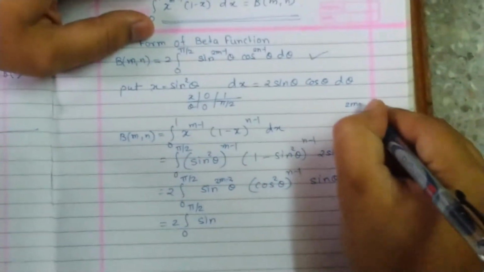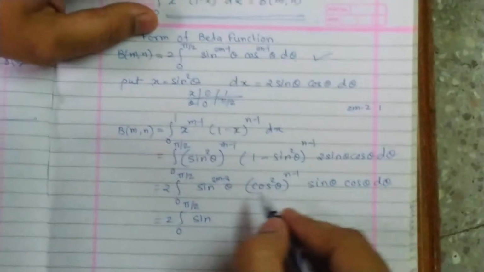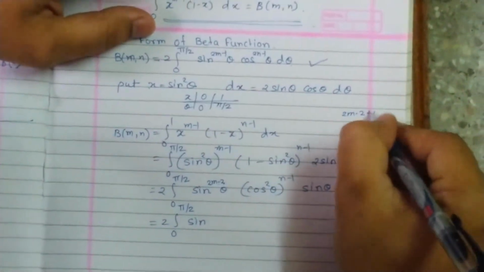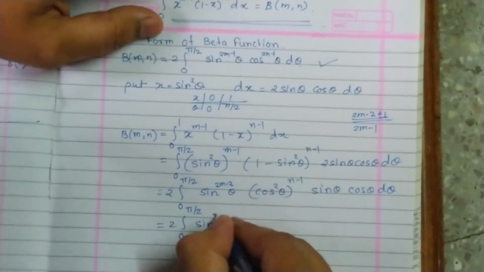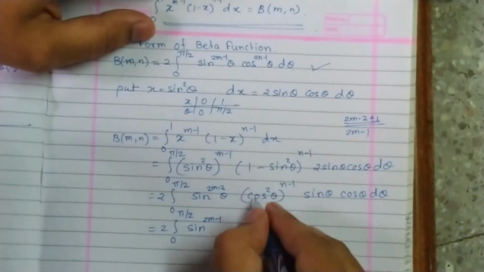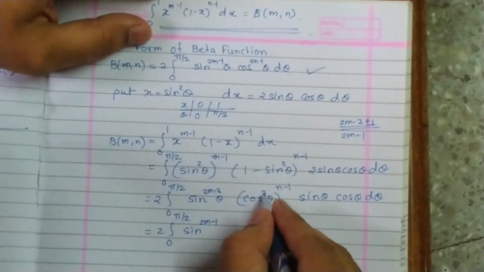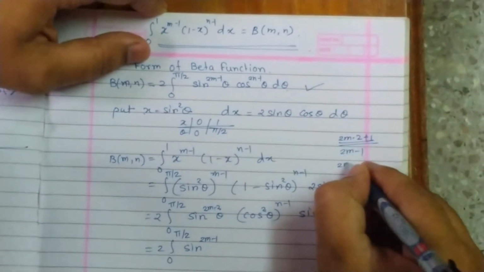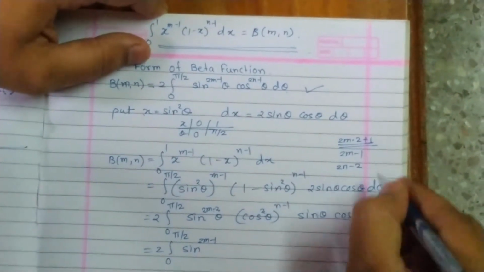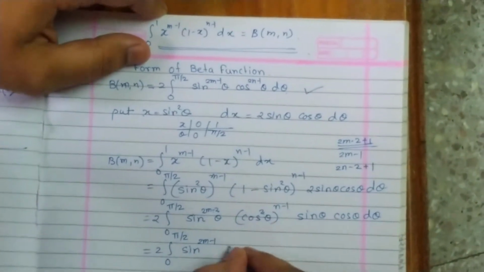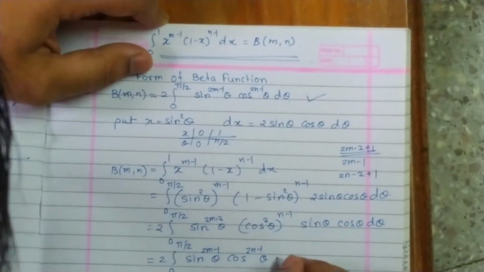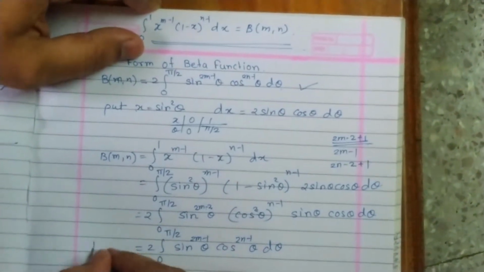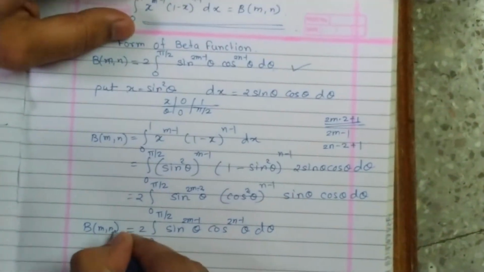As the base is the same we add the powers. So the addition of the powers is 2m minus 2 plus 1, so we get 2m minus 1. Here also when I simplify cos square raised to n minus 1, I am getting 2n minus 2, and here one more cos theta, so plus 1. So that gives me cos raised to 2n minus 1. Okay. So beta of m, n is equal to this.